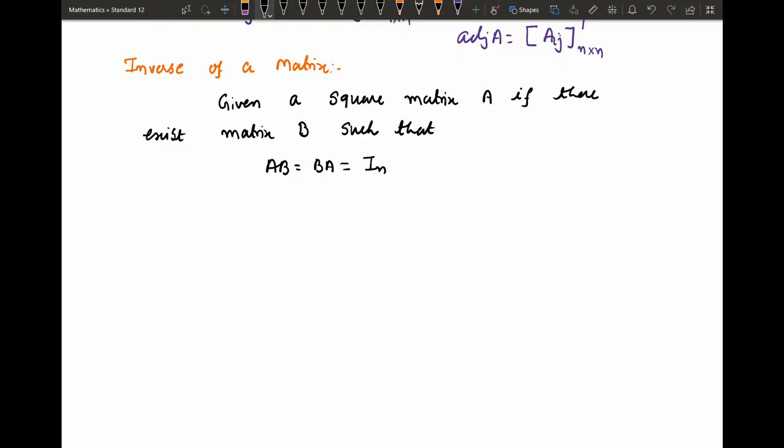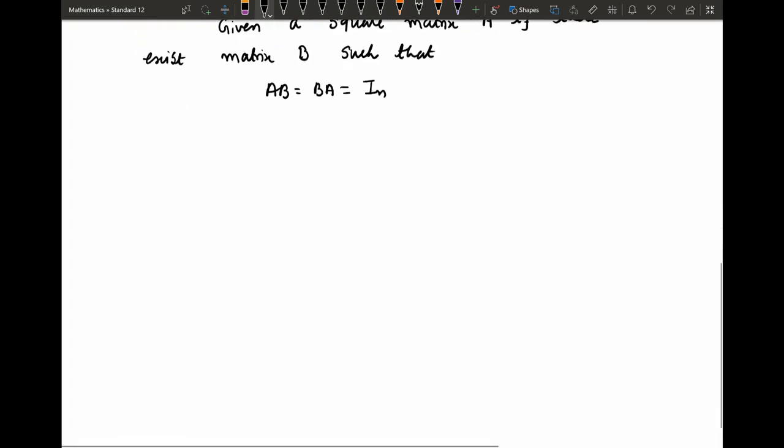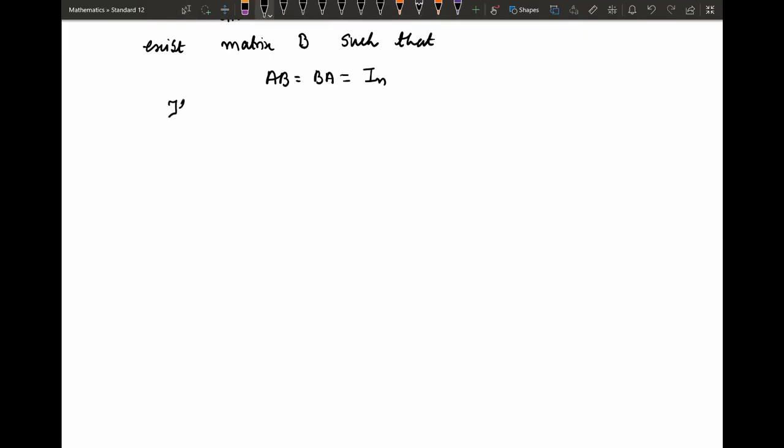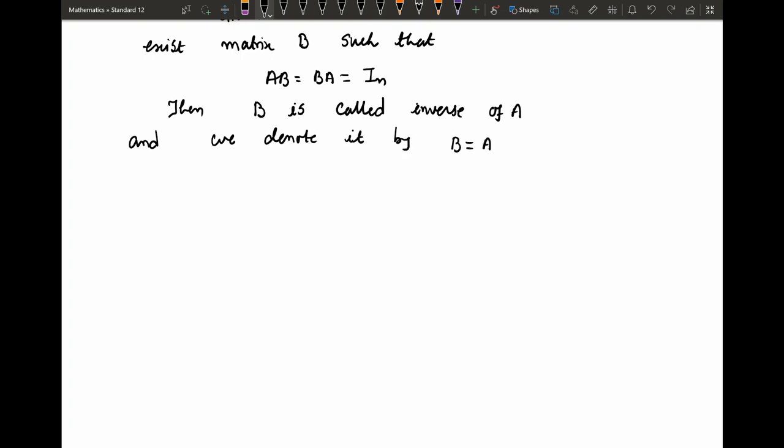So given a square matrix A, if there exists a matrix B such that AB equal to BA equal to In, then B is called the inverse of A, and we denote it by B equal to A inverse.